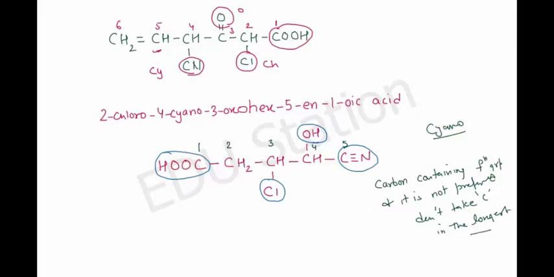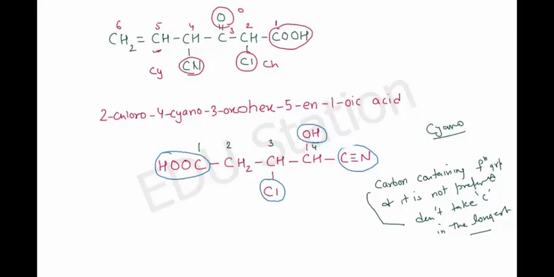As simple as that. So just keep this in mind. If you are not preferring it and it contains a carbon, do not include this in the longest chain. So your longest chain will not have 5 carbons, it will have only 4 carbons.